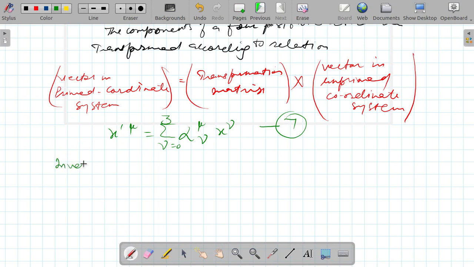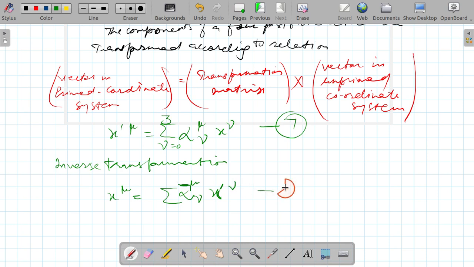So the inverse transformation can be written as x mu equal to the summation of alpha bar nu mu x prime nu. So this is equation number 8, and let me call this equation number 9.